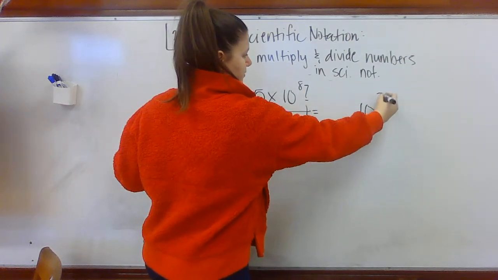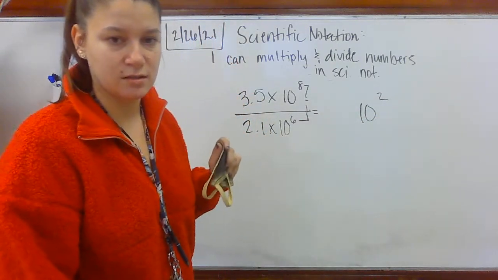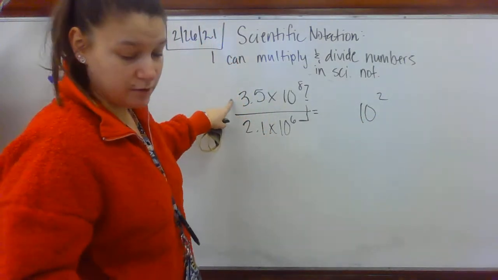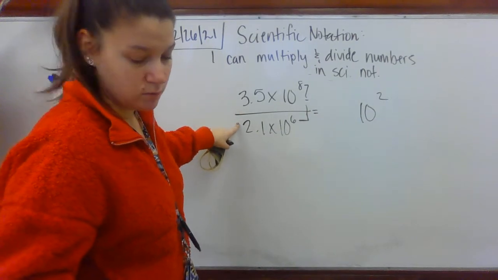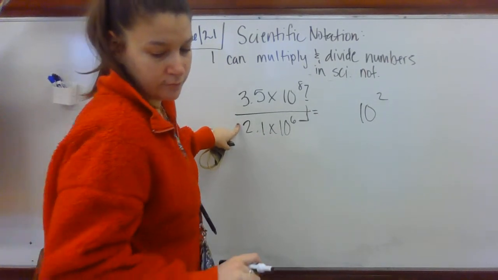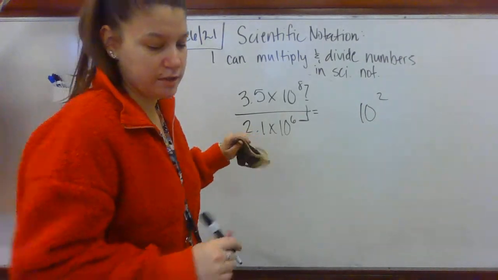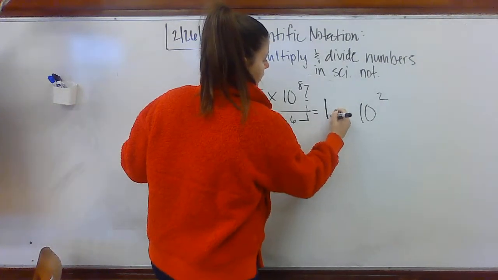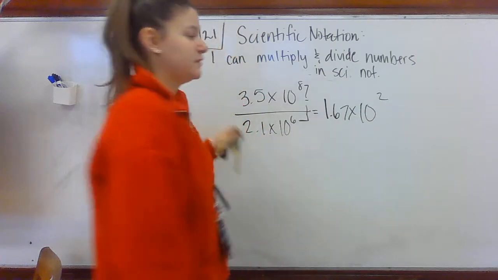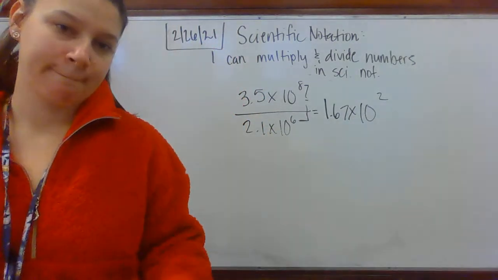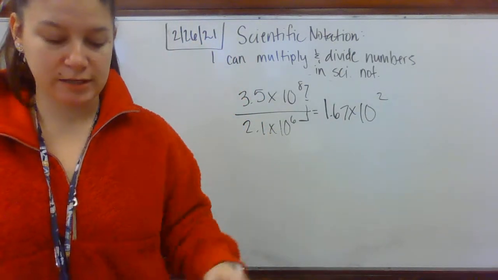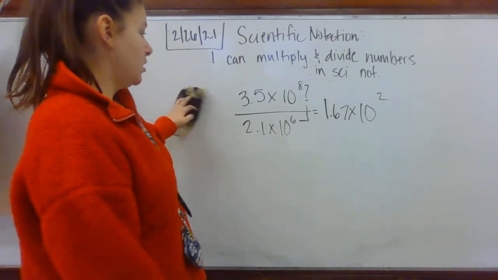That's going to give me 10 to the 2nd. 8 minus 6 is 2. And then you're going to do 3.5 divided by 2.1, which gives you, you'll have to round this, 1.67 times 10 to the 2nd. And that's it. Divide the coefficients, subtract the exponents, okay?